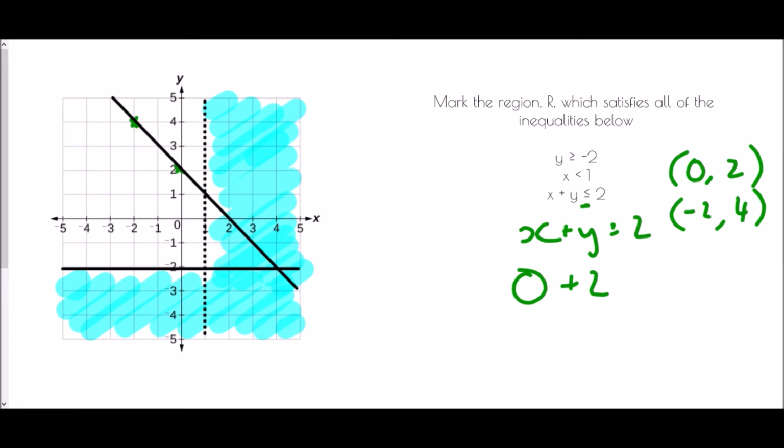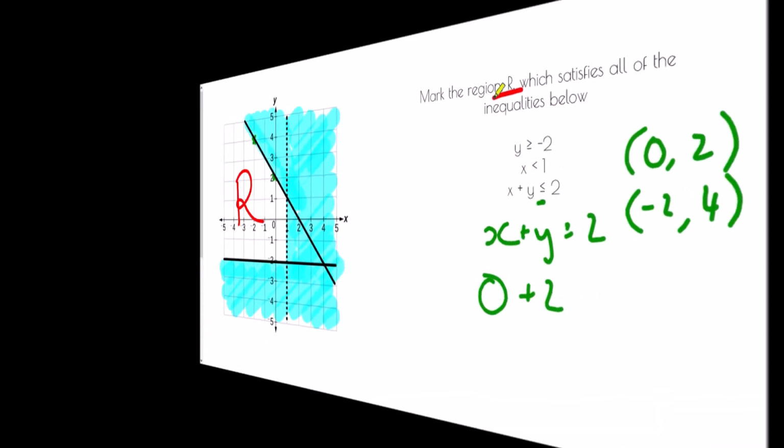So we want to get rid of anything which is greater than, and so that would be everything above. And so what that means is we can now see a clear area which is satisfying all of our inequalities. It is everything left here. And so I'm calling that R, because that is the name for a region which satisfies the inequalities.